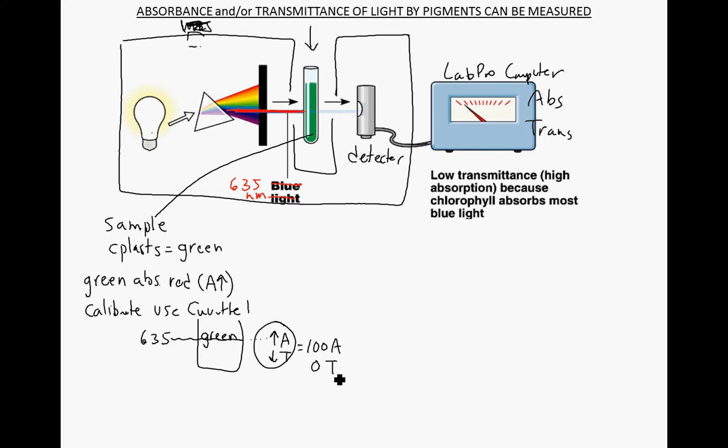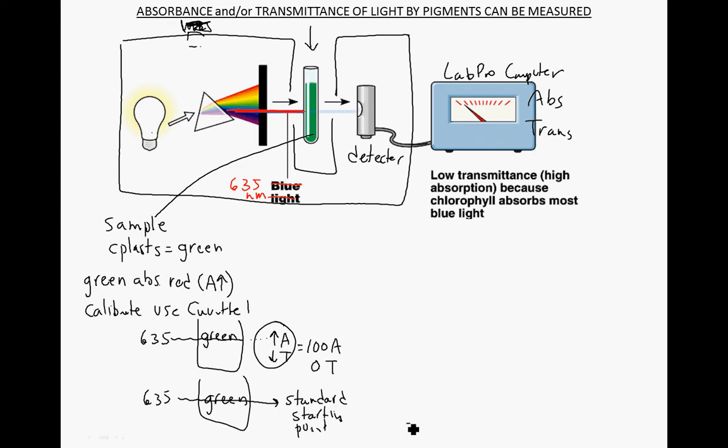We're using cuvette 1 to calibrate. So what we're saying is that when I have cuvette 1 and I have 635 going through, whatever's coming through, we're using this as the standard, the starting point. We're setting the colorimeter to use that as the zero point. We're zeroing that out.